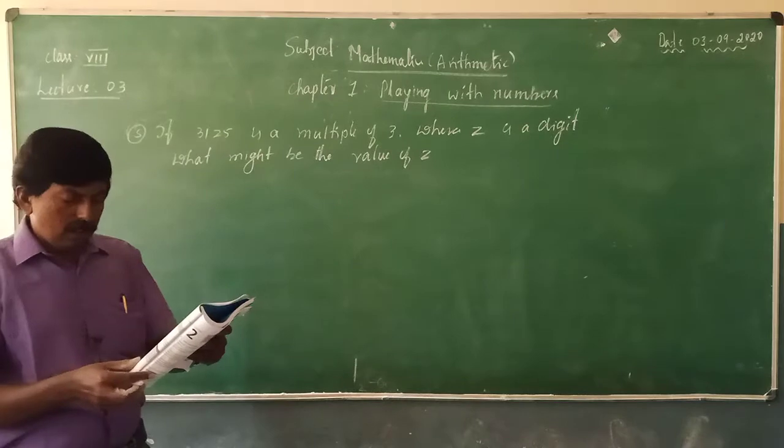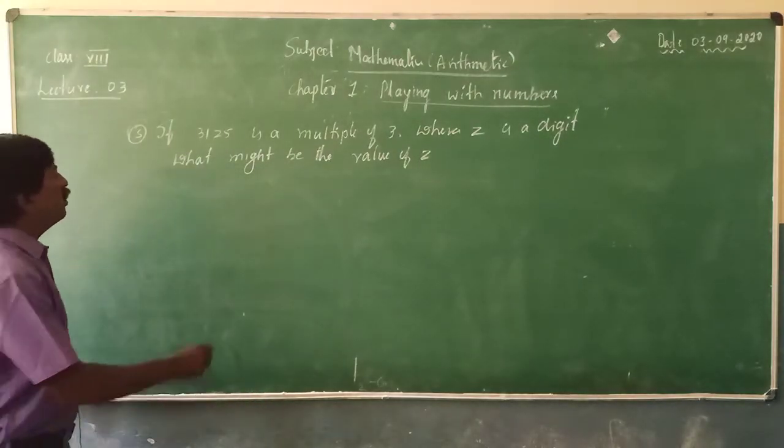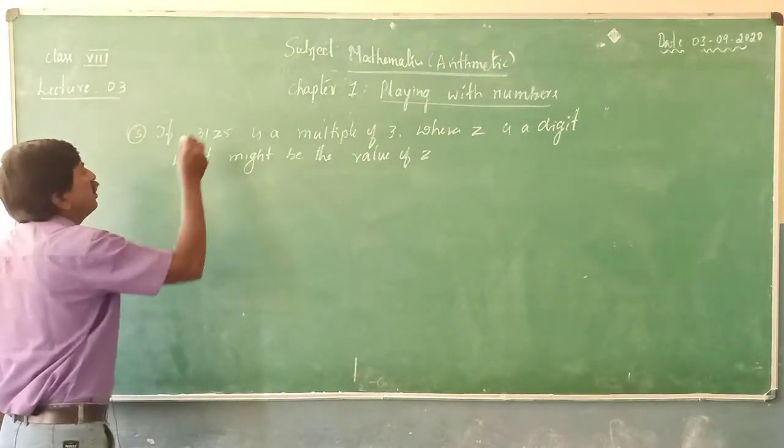What might it be means you can find the value of z. So now here it is also the same type. So 31z5.